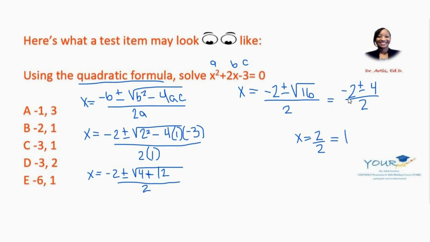And then we're going to have a negative 2 minus 4, which would then give us a negative 6 divided by 2, which would then give us a negative 3.